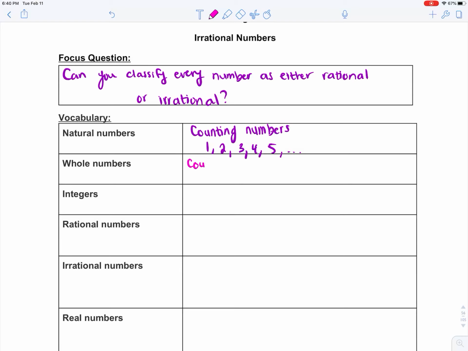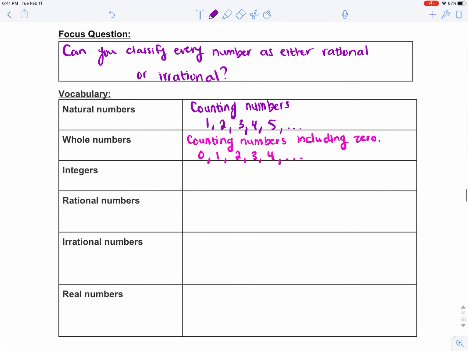Whole numbers include your counting numbers, and it also includes 0. So for example, 0, 1, 2, 3, 4, and so on and so forth. Those are what we call our whole numbers.